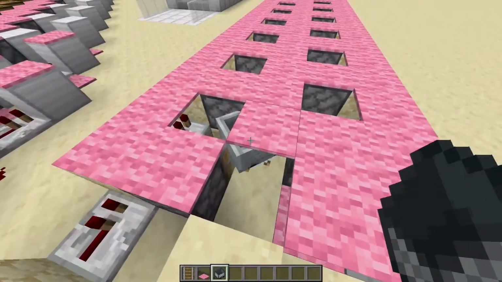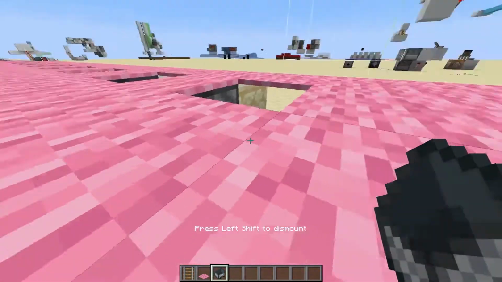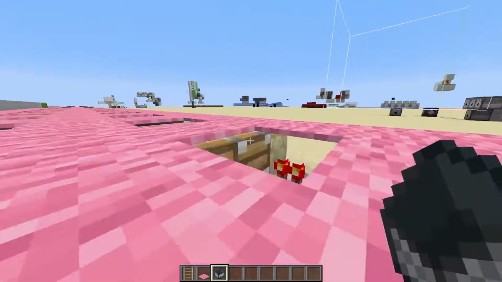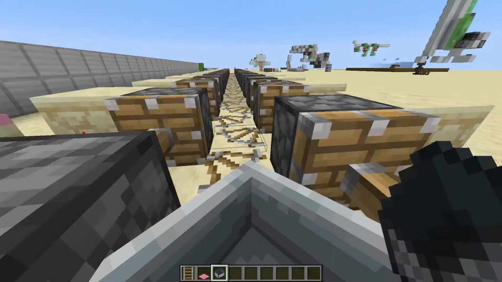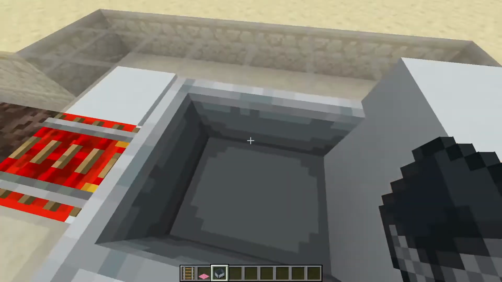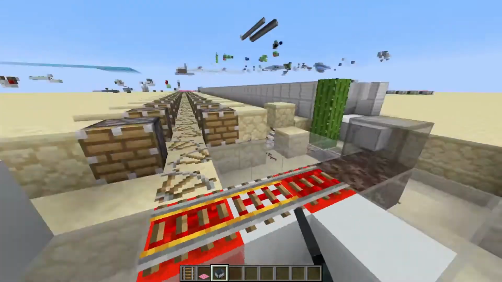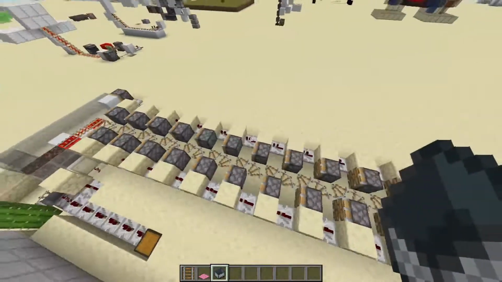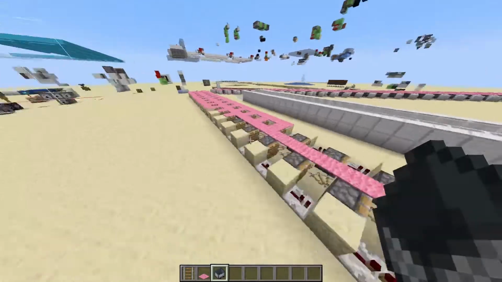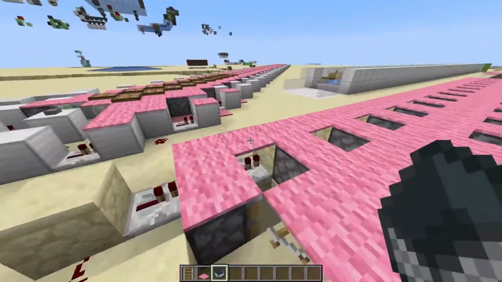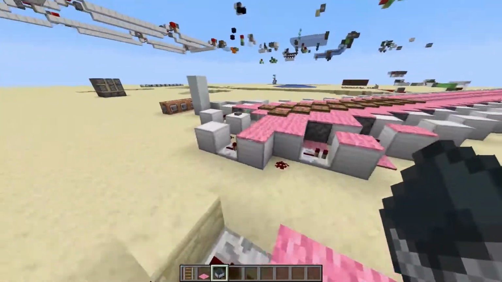For this straight piston bolt, you just hop in right here, and the piston pushes the minecart. You can see, boom, it's very fast. And for this straight piston bolt, I believe the travel speed is about 20 blocks per second.